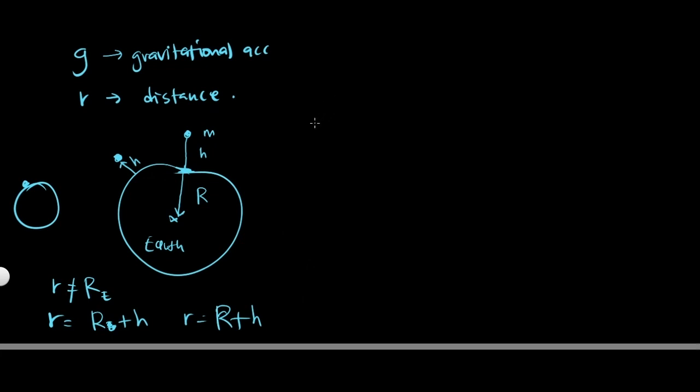We will denote the value of acceleration due to gravity at an altitude of h meters from the Earth's surface as g.